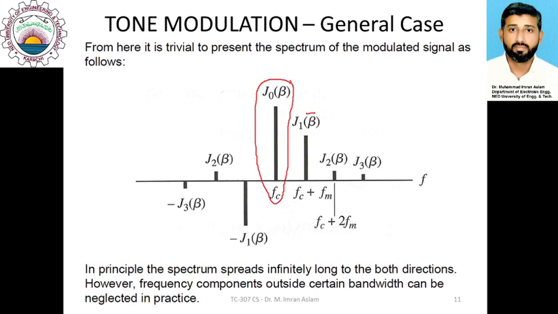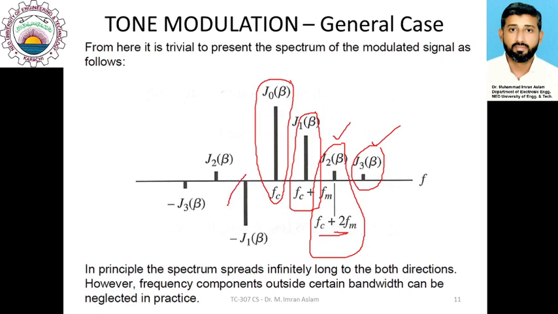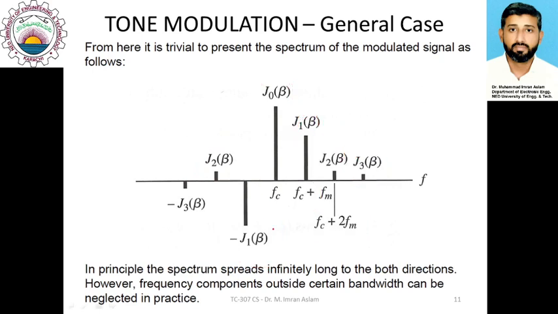Then there will be a first spectral line at f_c plus f_m, another spectral line at f_c plus 2f_m, and a third line at f_c plus 3f_m, which depend on the second and third order Bessel functions, and so on. Similarly, we will have spectral lines at f_c minus f_m and f_c minus 2f_m and so on.